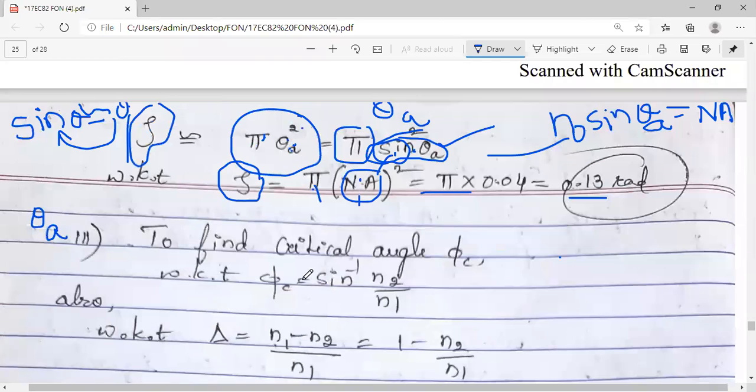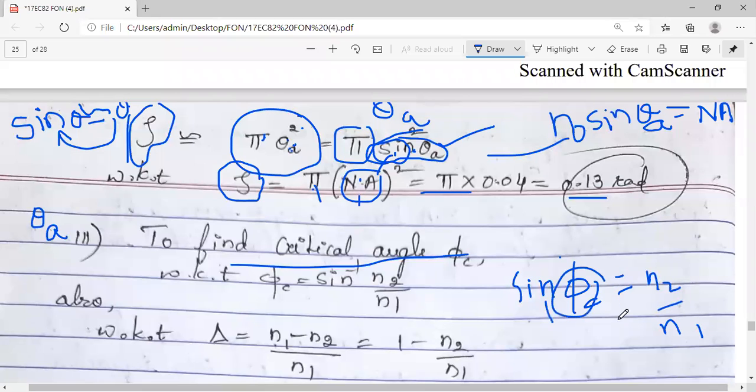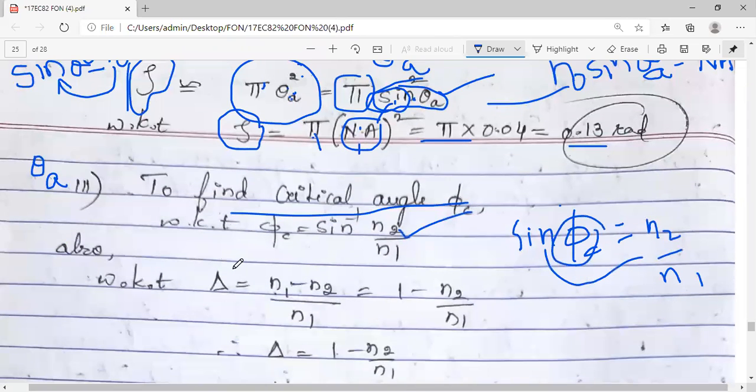And the third one, we need to find the critical angle. We know that the critical angle is given by, from Snell's law, sine phi c is equal to n2 by n1, or phi c is equal to sine inverse of n2 by n1. That's what I have written here.